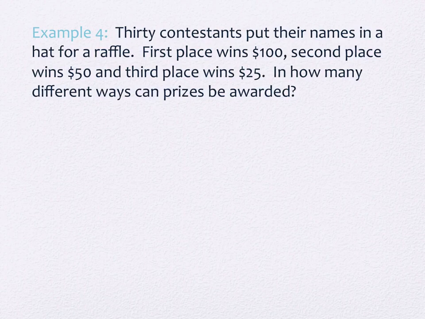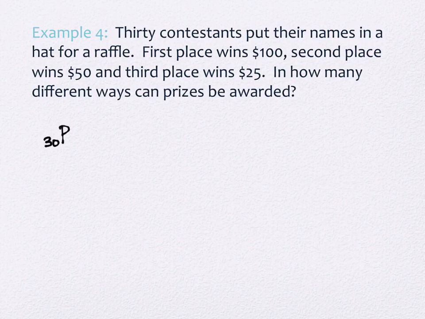It's not just I selected all 3 of them and they got the same prize, or they all got to go on that vacation, or they all got student of the month, right? It looks a little bit different if the order matters, and this is an example where the order matters. So we have 30 contestants, but not all of them win, right? Okay, so there are 30 people that we're selecting from.